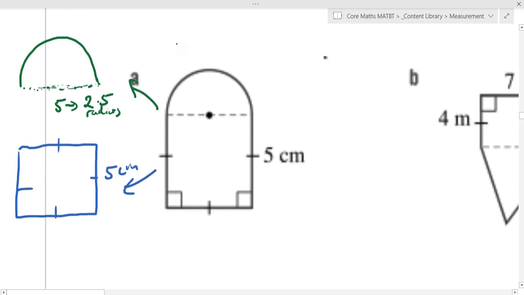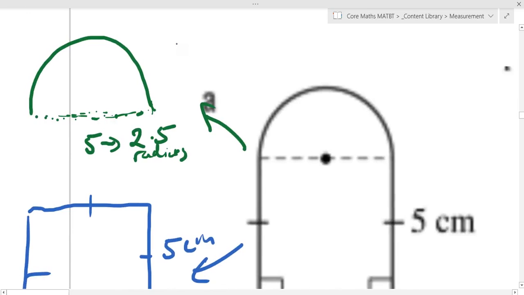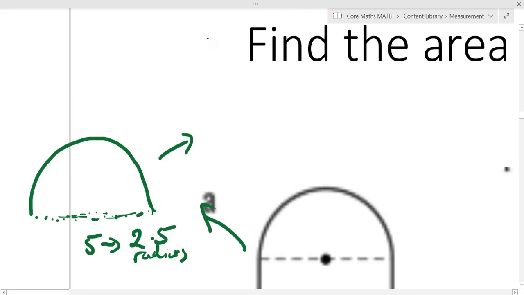So if I wanted to find the area of this, if I've broken it up into two parts, the area of the semicircle, this is a tricky one, but don't get too scared. It's just a semicircle. If I find the area of a semicircle, I have to half it, because a semicircle is half of a circle. So that means this will be pi times radius squared, but because it's a semicircle, just remember that you have to divide it by 2.